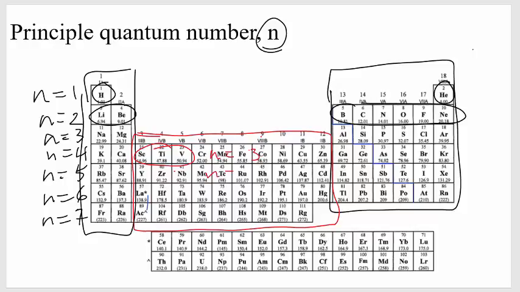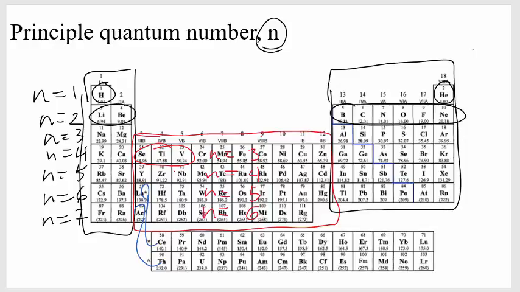This row right here has an n value of 4, and n equals 5 for this row, and then the last row of the transition metals has n equals 6. Then for the inner transition metals, you can see they are linked here.